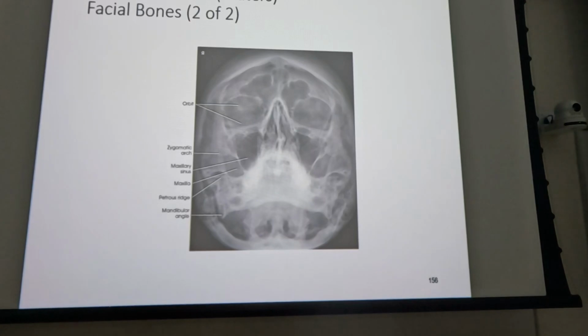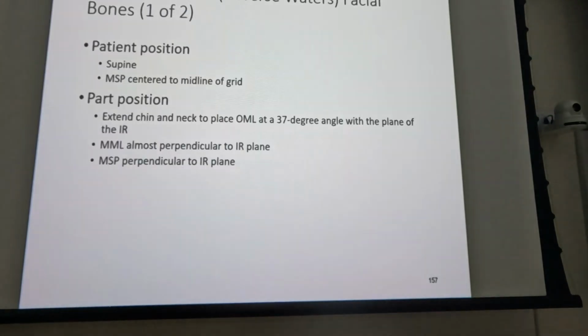Okay, so we're going to see this view again in sinuses. For the maxillary sinuses specifically, open mouth waters for the sphenoid sinus. So we're going to recycle it twice in sinuses. So a very important view. All right, so we talked about that. Extend the chin and the neck, place the OML at a 37-degree angle to the plane of the image receptor.